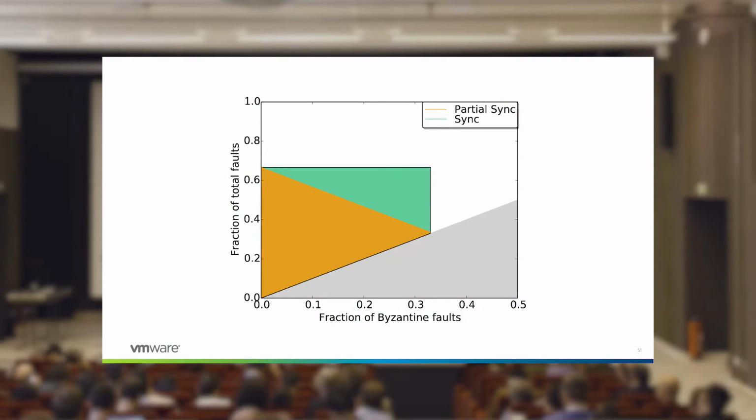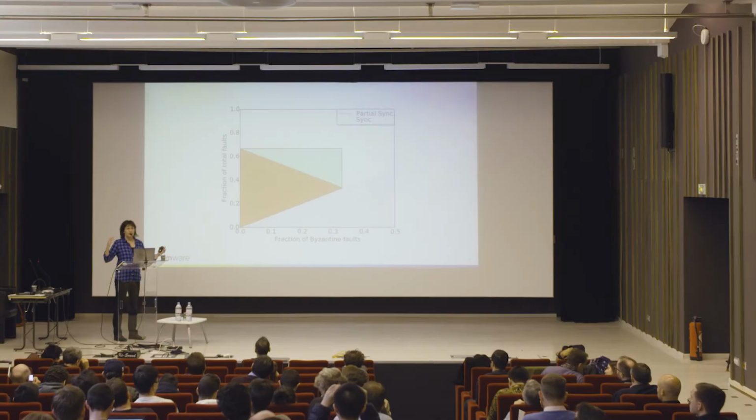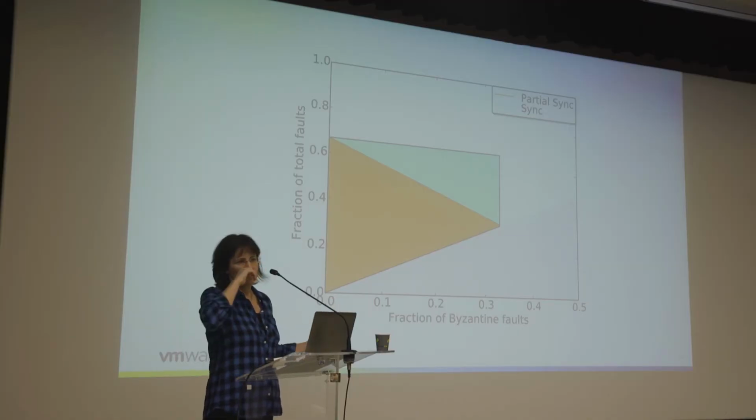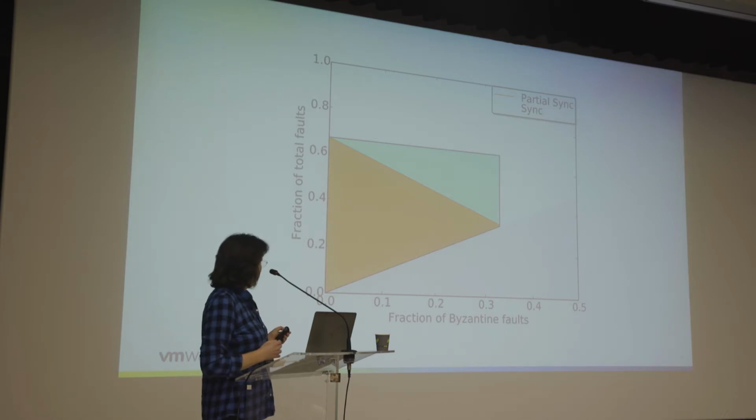To show this pictorially, what you essentially get is a range of possibilities for tolerating a mix of ABC faults and Byzantine faults. So in particular, for the synchronous setting, you can always get to 2/3 fault tolerance.